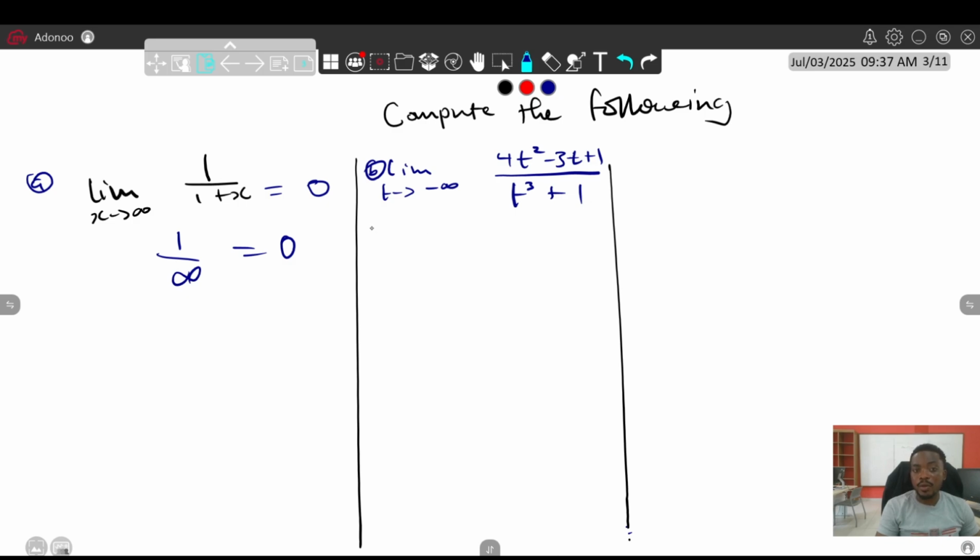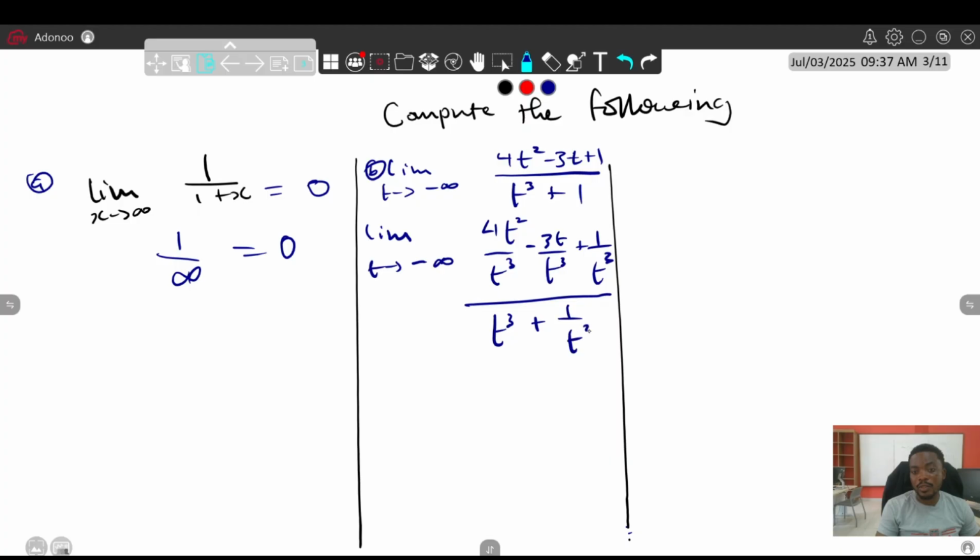So here we can say the limit as t approaches negative infinity of 4t squared over t cubed minus 3t over t cubed plus 1 over t cubed, all over t cubed over t cubed plus 1 over t cubed.